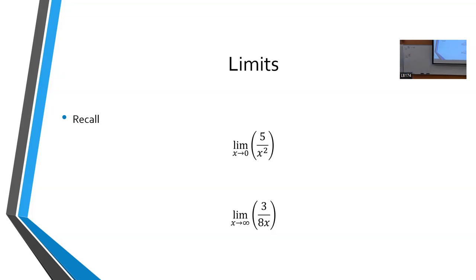That means the denominator is getting really, really huge. The numerator stays at 3, so like 3/1,000,000, 3/1 billion. That means the fraction's getting really, really, really small. So the limit of 3/8x is going to be 0.